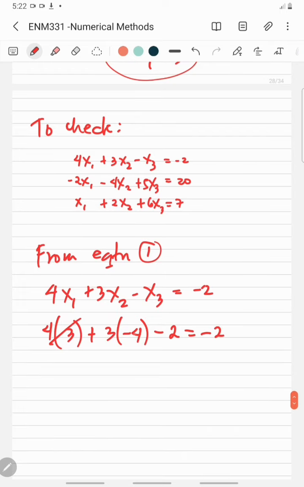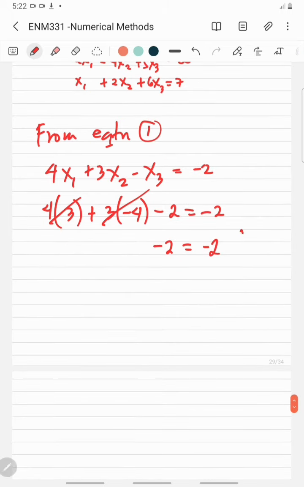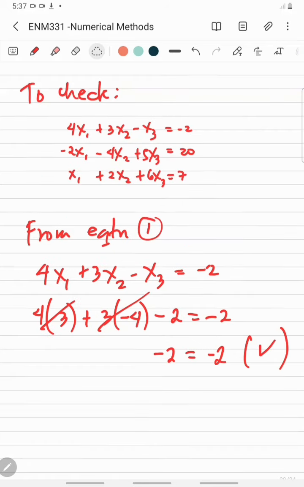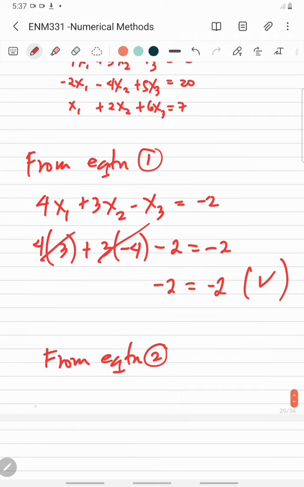So this part can be equal to 0. Then what remains is negative 2, which is equal to the right side. So this is correct.